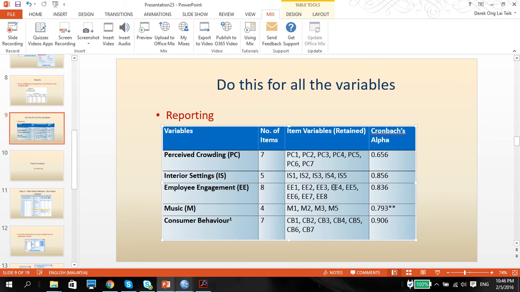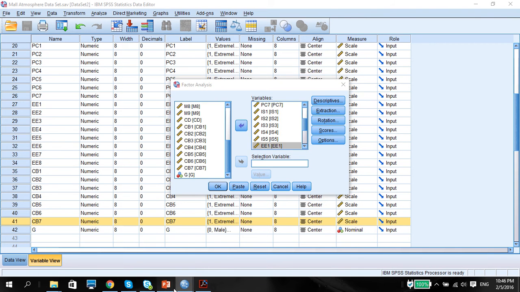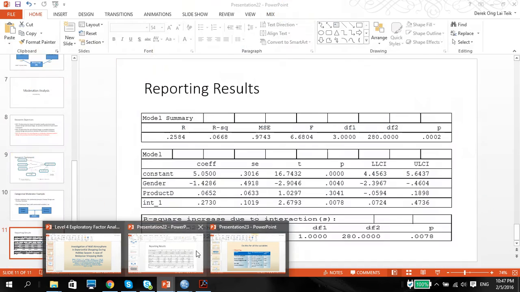E1, 2, 3, 4, 5, 6, 7, 8. So all the employee engagement goes in. Next, music: M1, 2, 3, 5, and we're going to put in 6 because 6 was not taken out in our reliability.